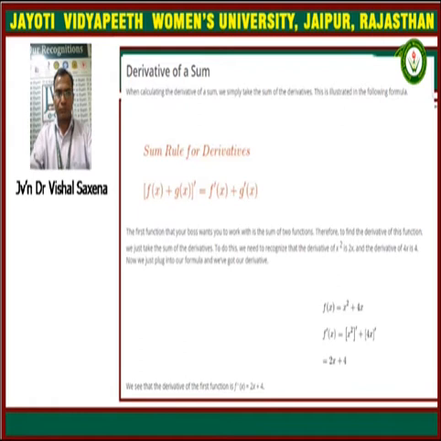It means when two or more functions are in addition or subtraction form, we simply find the derivative of each individually, f'(x) + g'(x). That is called the sum rule.